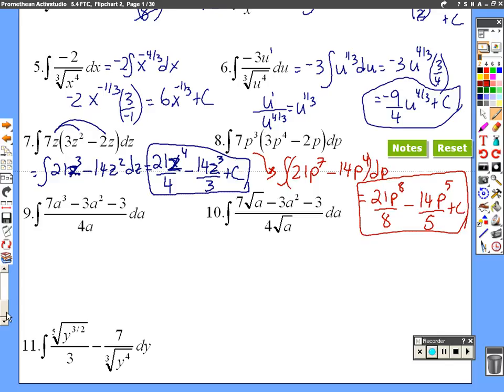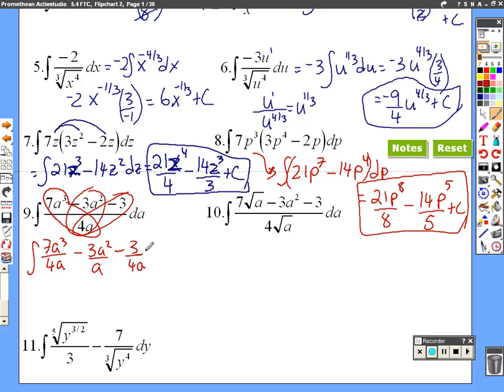All right, number 9. It looks like a quotient, but once again, no quotient rule. So I'm going to rewrite it like all these quotients added together. So this is the integral of 7a cubed over 4a minus 3a squared over a minus 3 over 4a.